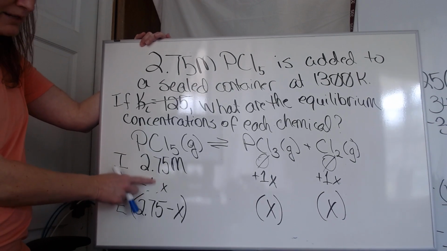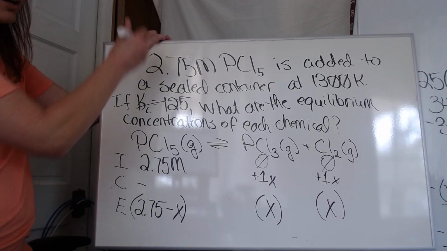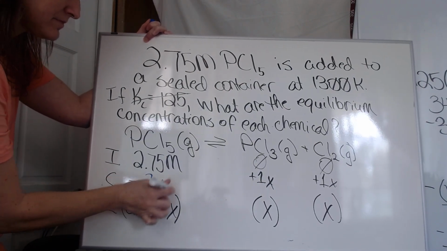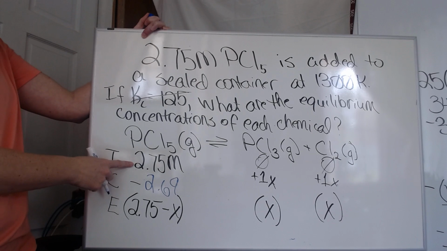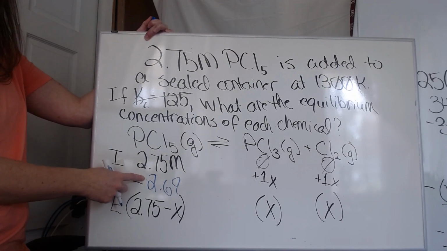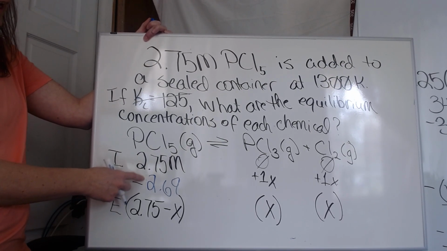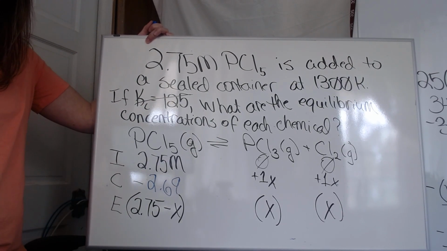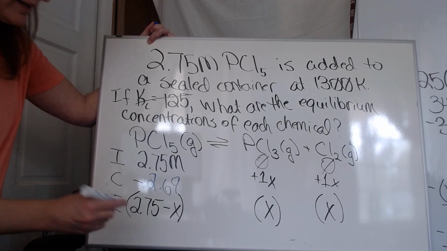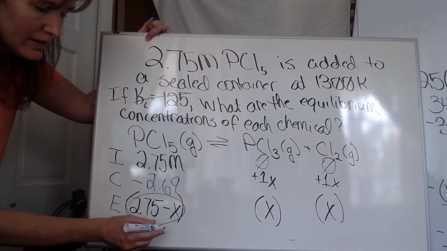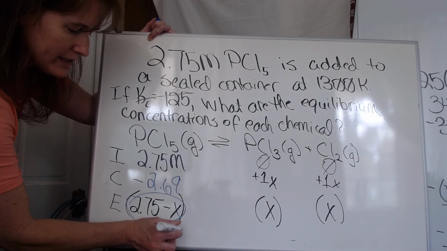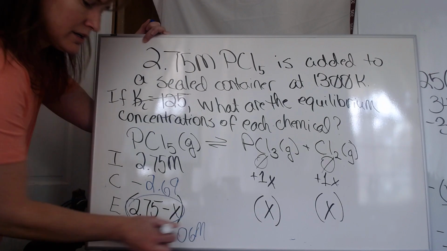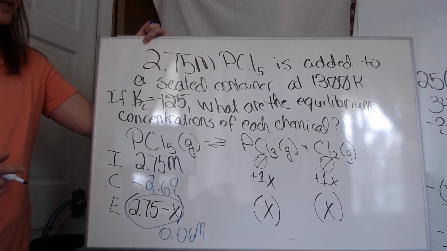So if I plug in my x value right here of 2.69, I had 2.75, and so I do have 2.69 that can react. And so if you take 2.75 minus 2.69, then at equilibrium, I've got 0.06 molar of the PCl5 that's present.